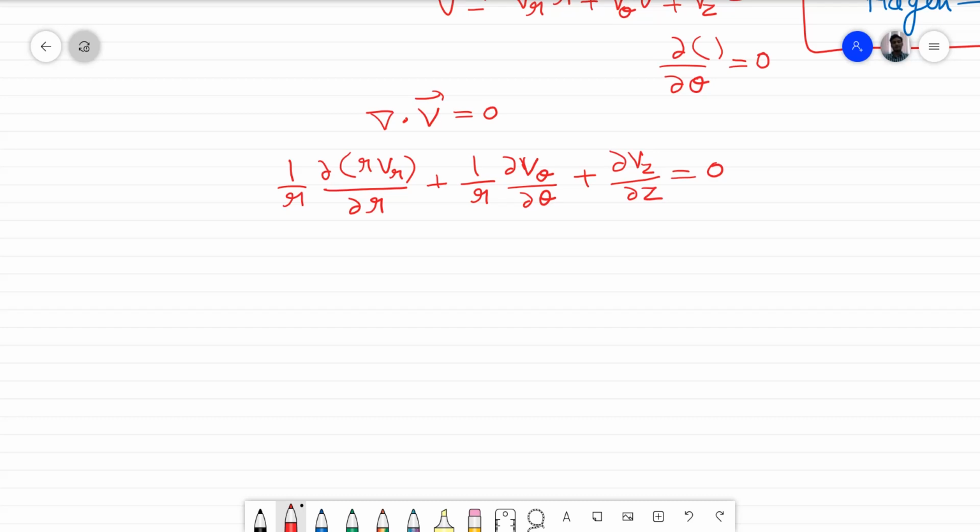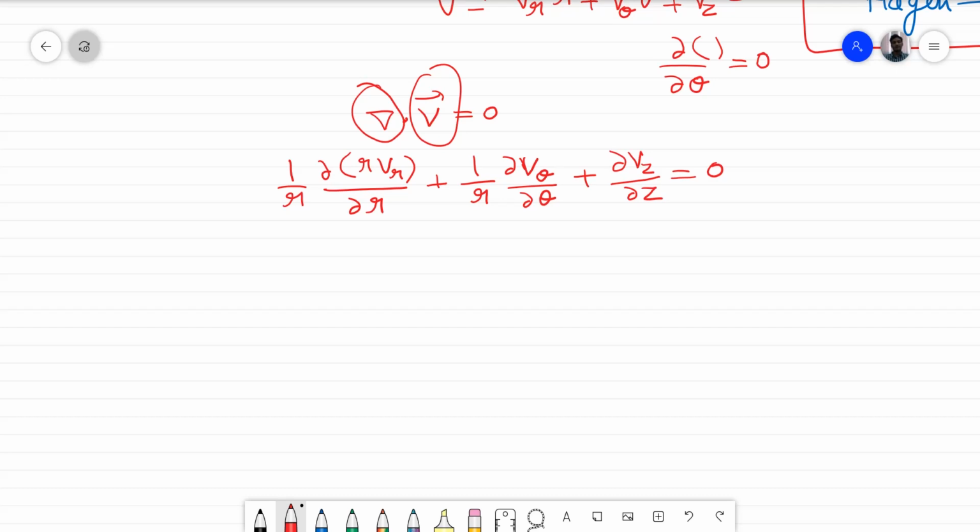You can also derive this. You would have gone through vectors and how to transform from one coordinate system to the other. So you need to write this del in the cylindrical polar coordinate system, and similarly this V also in the cylindrical polar coordinate system, and then you will get this equation here in the expanded form.